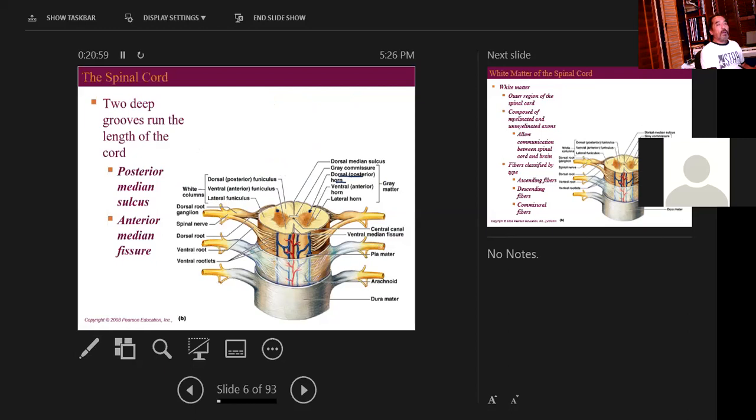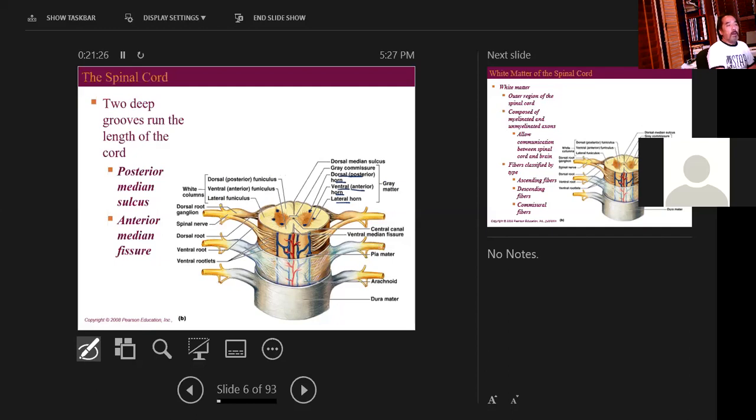Those are your posterior horns. Then the round portion here of the gray matter, we're going to call the ventral or anterior horn. Then there's also the one on the side, and that's going to be the lateral horn. So lateral horn, dorsal horn, ventral horn, those are gray matter, which is made out of cell bodies.